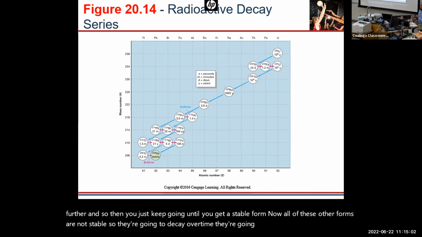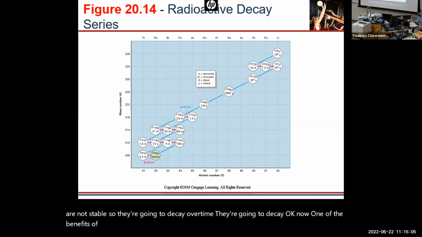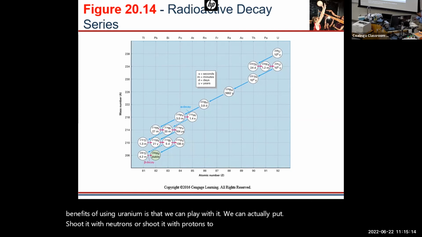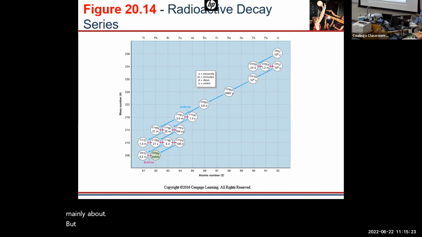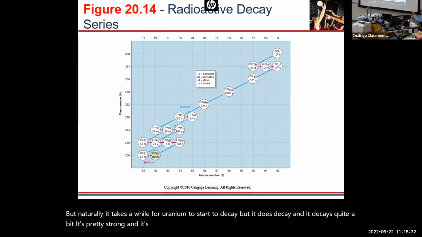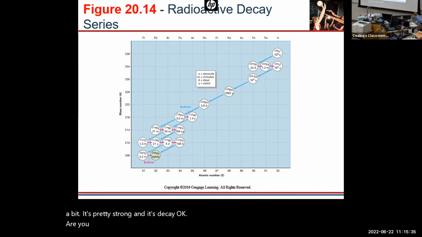Okay. Now, one of the benefits of using uranium is that we can play with it. We can actually shoot it with neutrons or shoot it with protons, or alpha particles, to cause it to be split, and we can get a lot of energy from it. And that's what we're going to be talking mainly about. But naturally, it takes a while for uranium to start to decay, but it does decay, and it decays quite a bit. It's pretty strong in its decay. Okay, are you guys getting what I mean by series of decay?